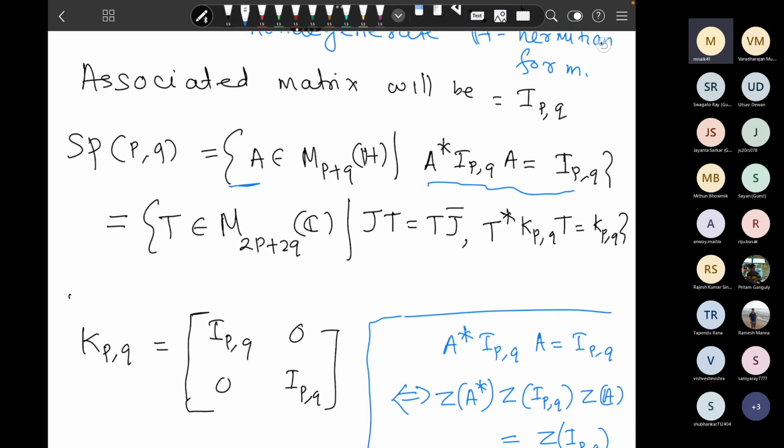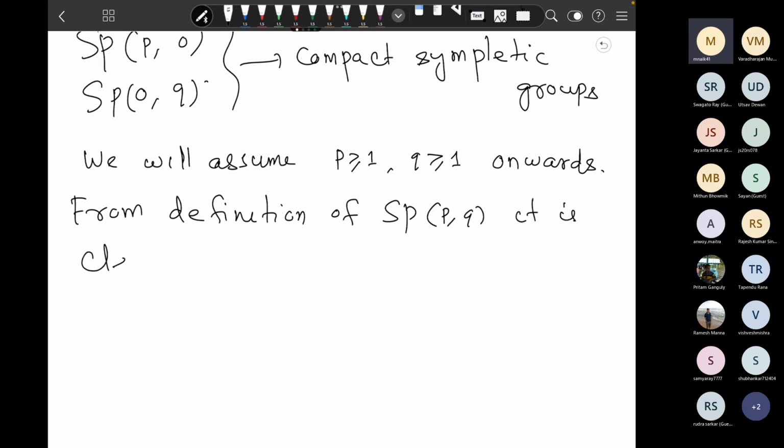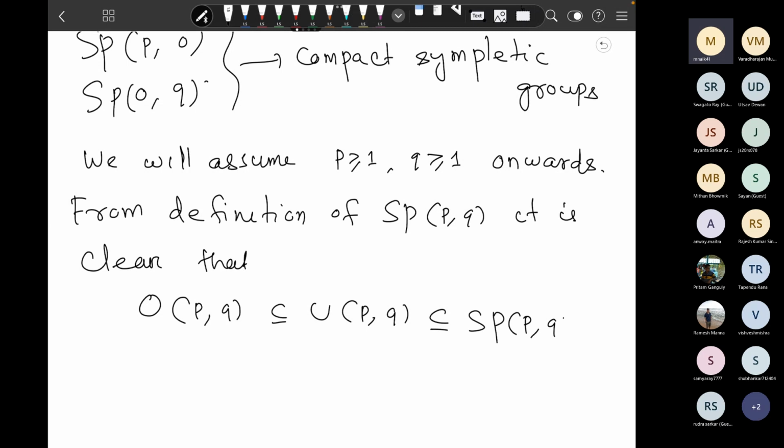This will say that O(P,Q) and U(P,Q) are both contained inside SP(P,Q). From the definition of SP(P,Q), O(P,Q) is contained inside U(P,Q), and this is inside SP(P,Q). Here I am actually using the quaternionic picture.